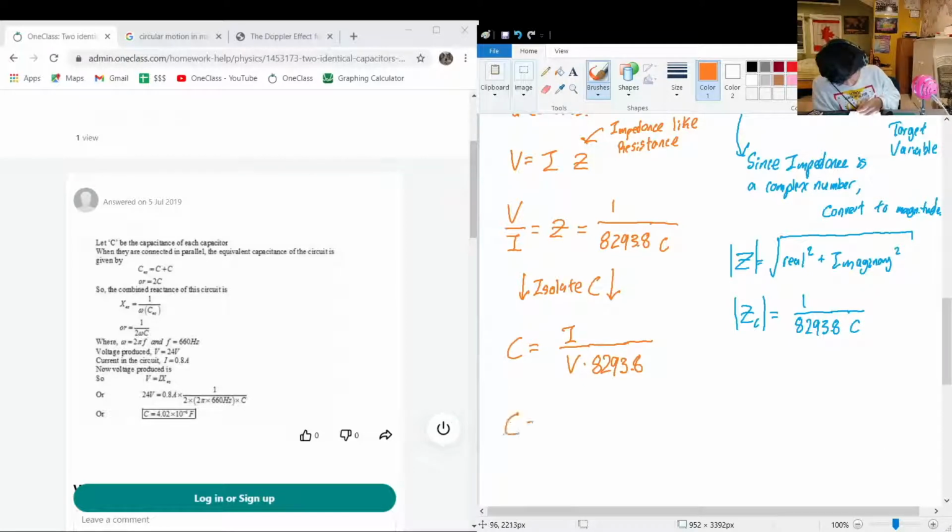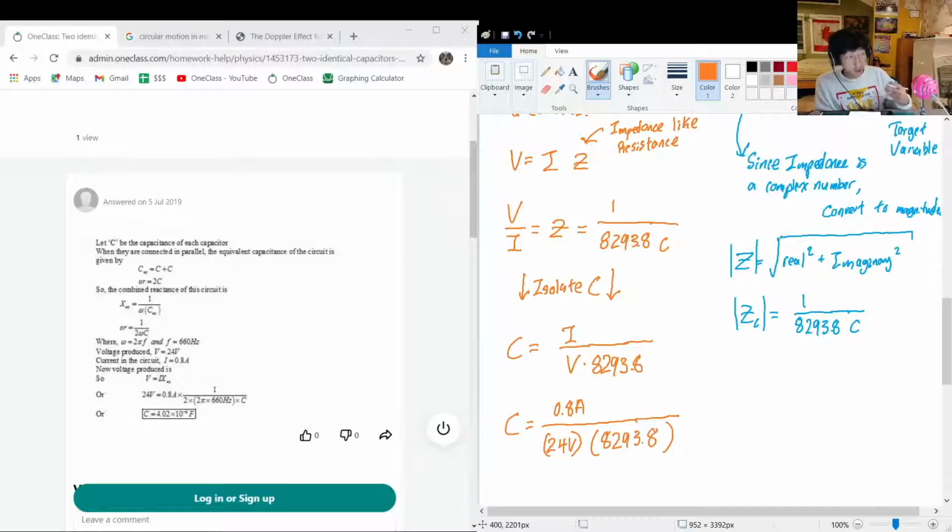And subbing in our values, we get I is equal to 0.8 amps. That was a nice easy number, 0.8 amps. Our voltage is going to be 24 volts. And then we have this other term of 8,293.8.